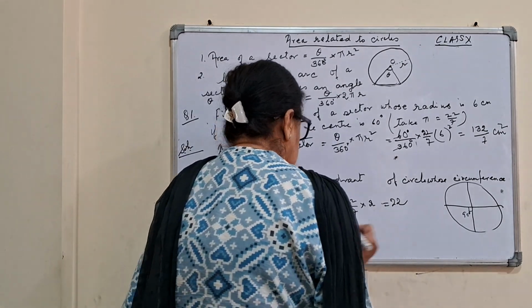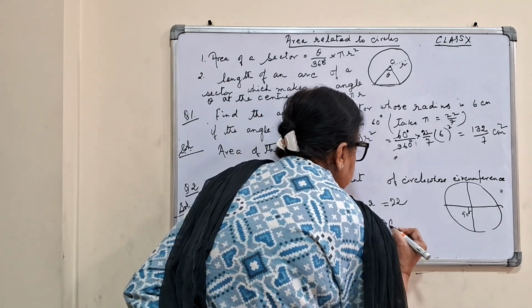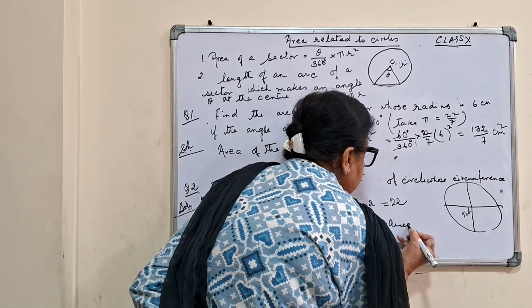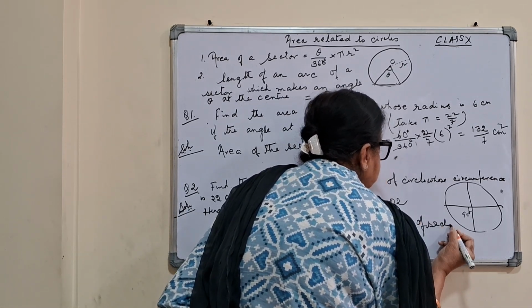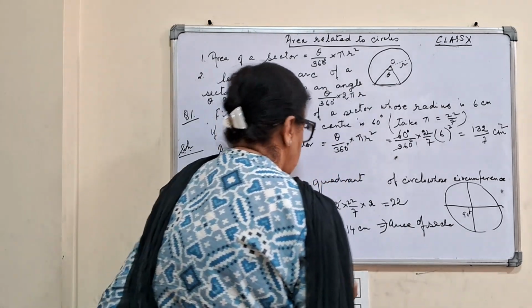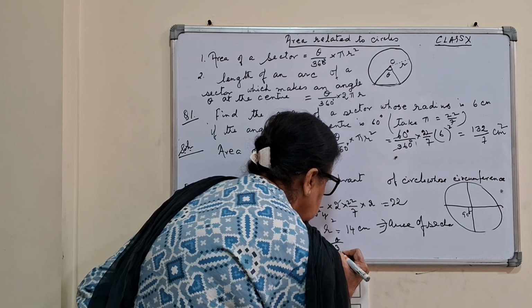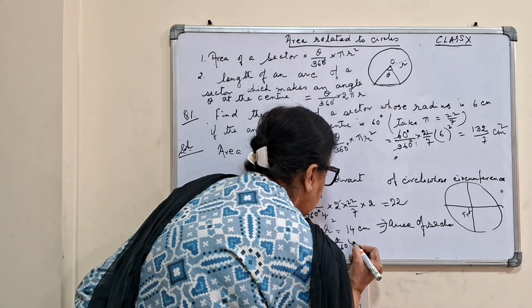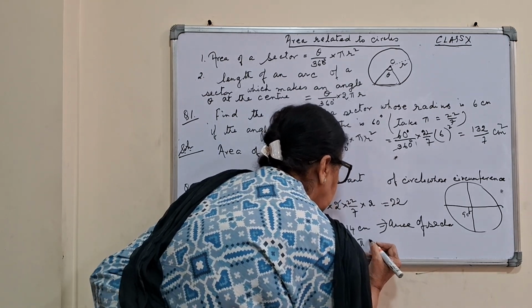Therefore, area of the sector is equal to theta by 360 into pi r square, pi 14 square.